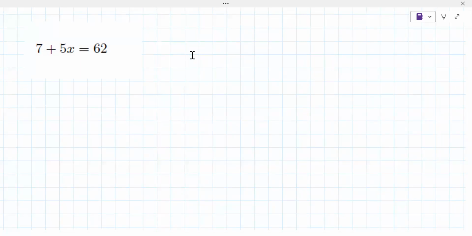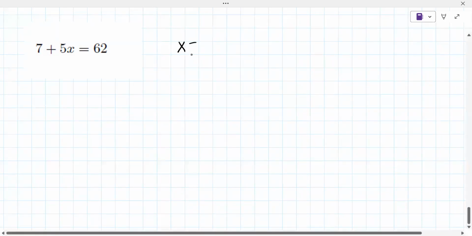I got x equals 11. x equals 11, you are correct.